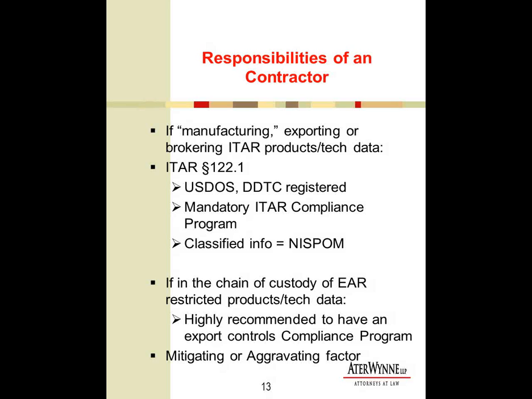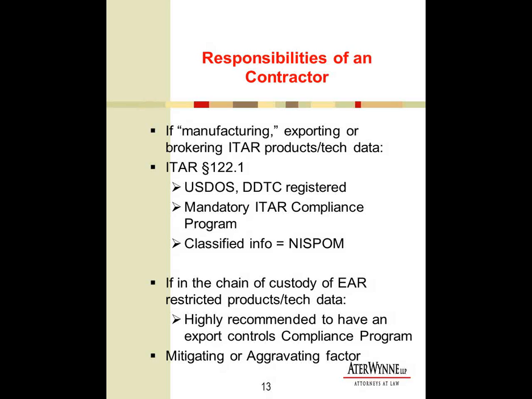Certainly, if you are in the chain of custody of a commercial product, remember that even though it's a commercial product, commercial products are also restricted for export control purposes if they contain sufficiently important commercial technology and information.